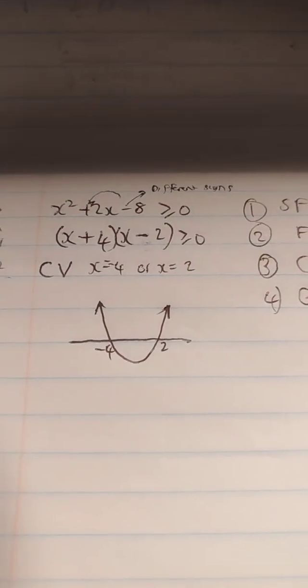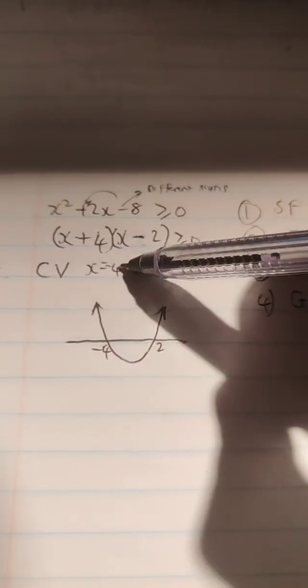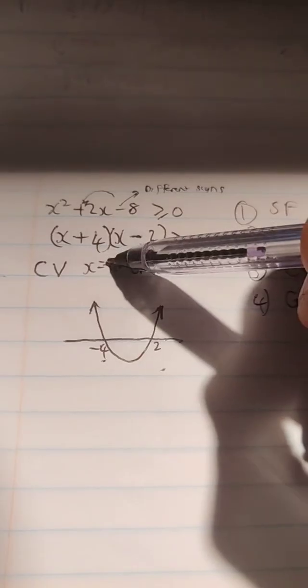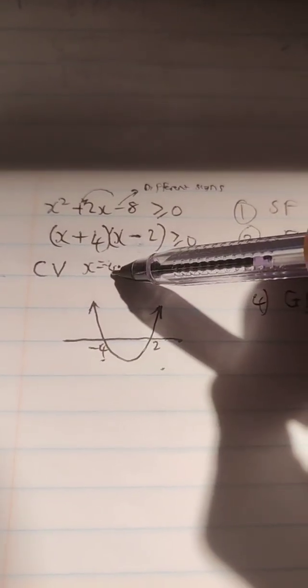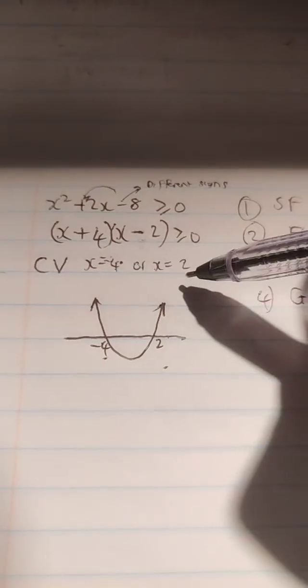Small critical value, big critical values. Graphical representation. Remember, critical values are x-intercepts.